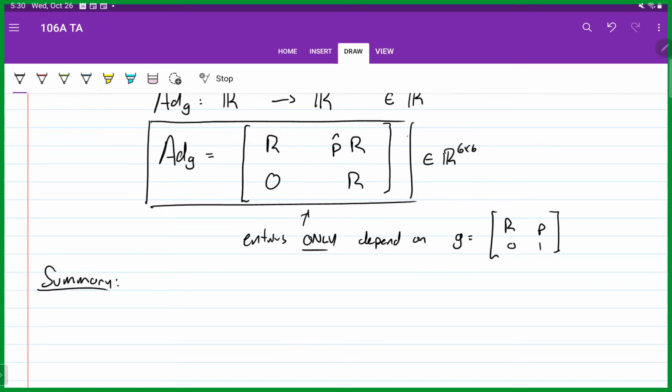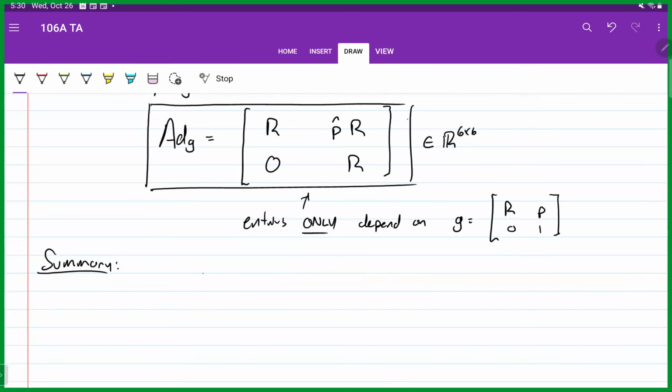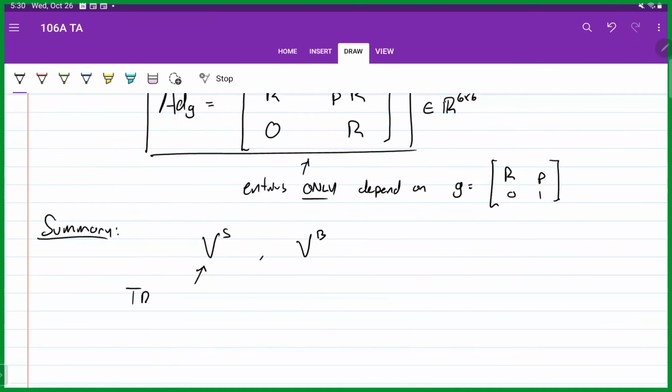In general, we were able to define two velocities: our spatial velocity and our body velocity. VS was a transformation that takes us from points in the spatial frame to velocity in the spatial frame.